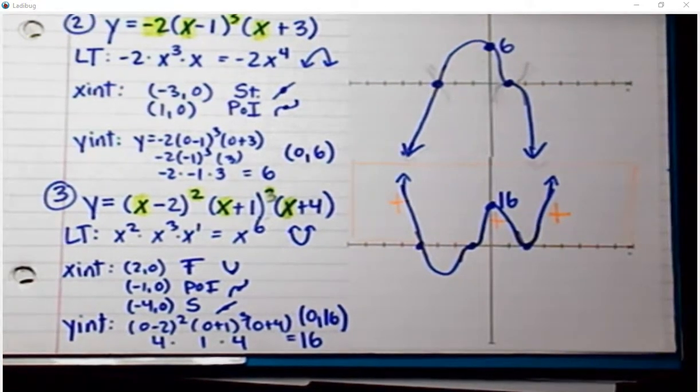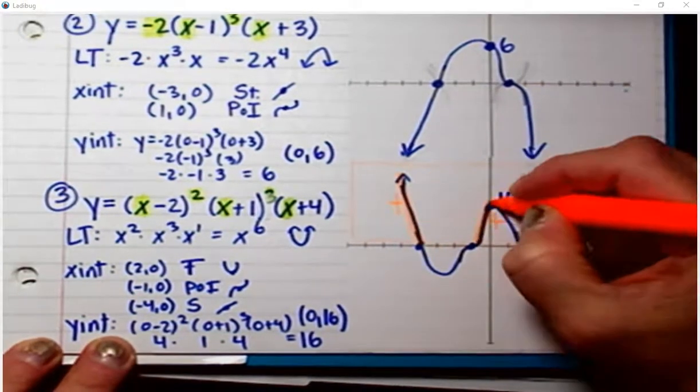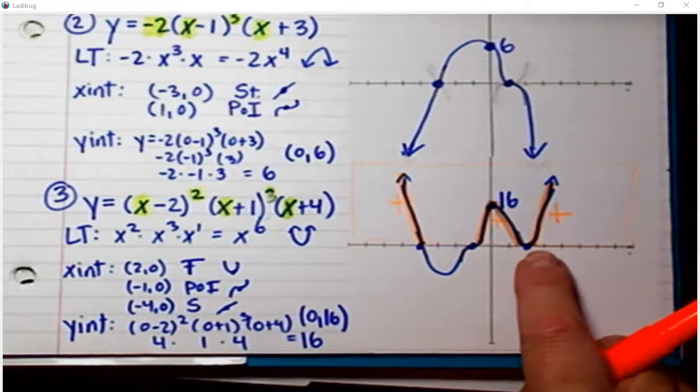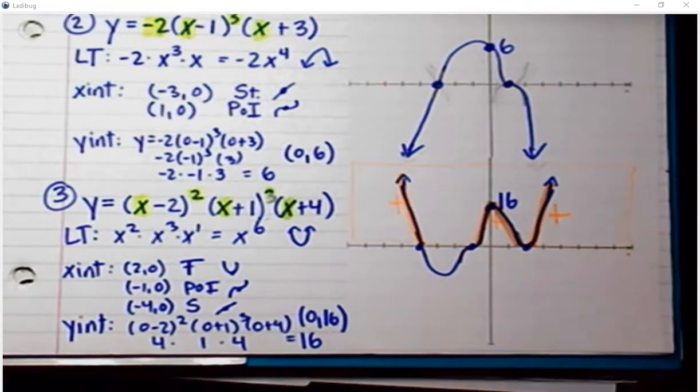Notice how this has 3 sections that are positive. Okay, see this? The even exponent, the bounce, it's the same sign on both sides. Okay, and then the negative. The negative is the part that's asking for below the axes.